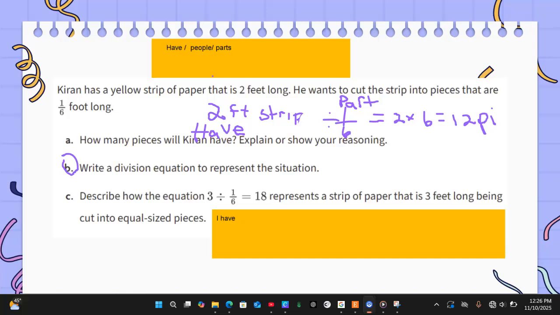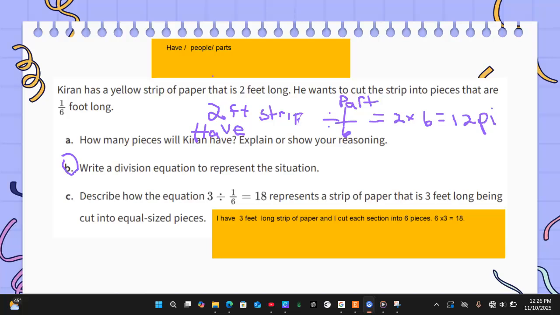I have a 3 feet long strip of paper, and I cut each section into 6 pieces. 6 times 3 equals 18.